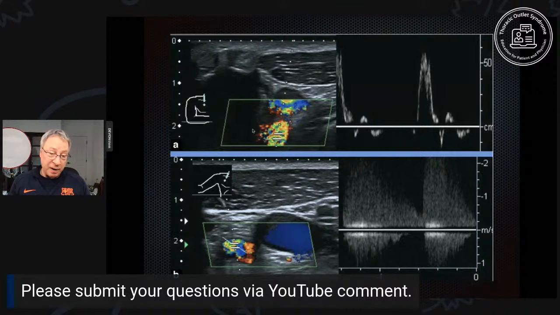And what's happened here is the top picture shows this axillary artery with the arms down. And the bottom picture below the purple line shows the axillary artery with the arms up. And what's happening is the artery is being highly compressed and the blood flow is squeezing through that narrow area, like a garden hose when you put the thumb over the end.